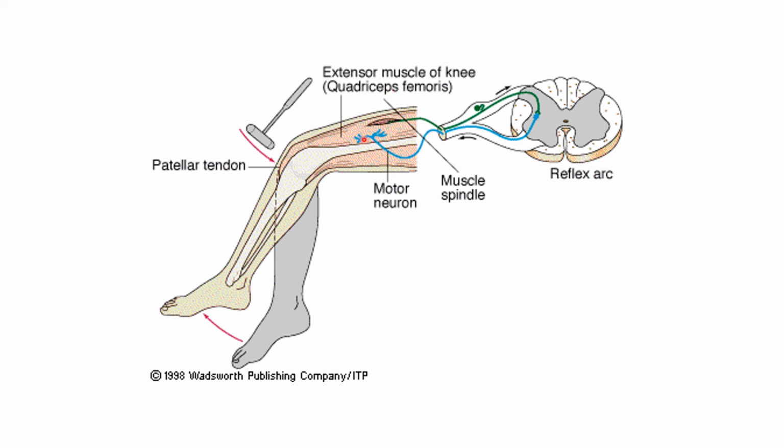So you're sensing this change. The message is going to come into the spinal cord. It is going to come into an interneuron. That interneuron is going to send that message directly out to the motor neuron, and that motor neuron is going to cause your leg to jump.